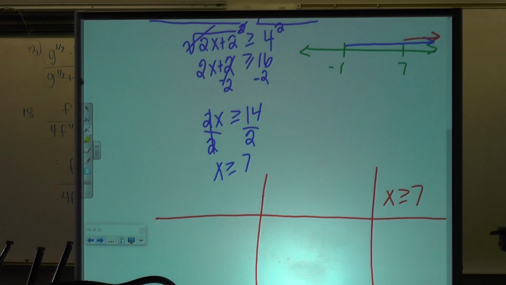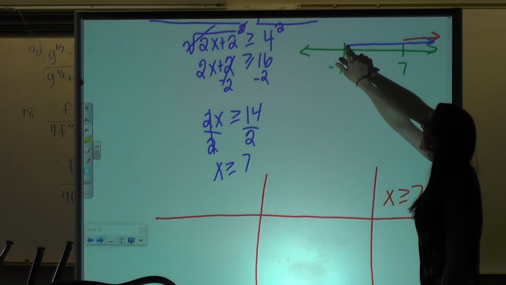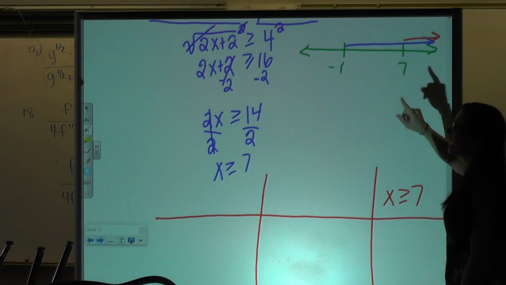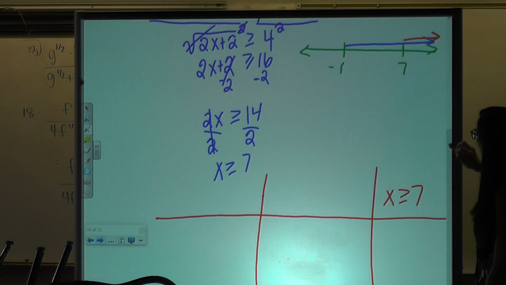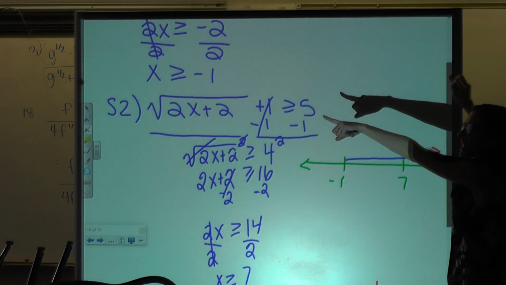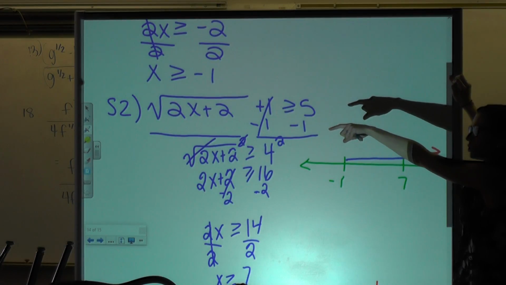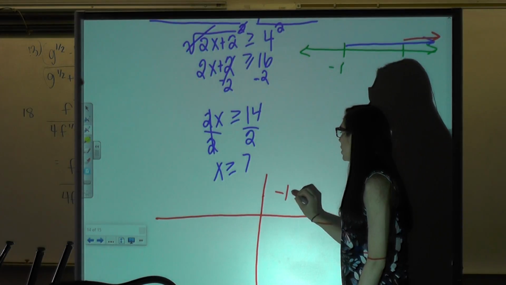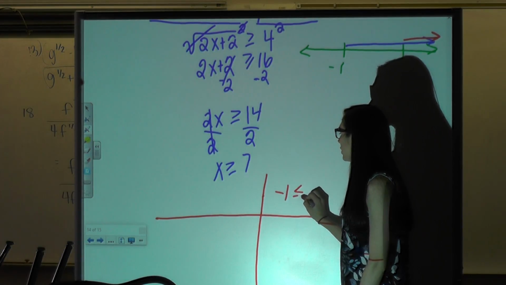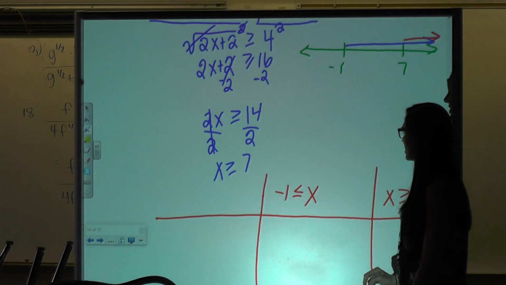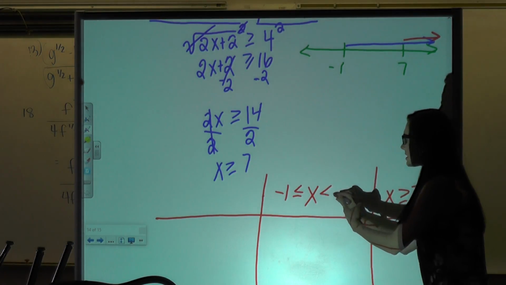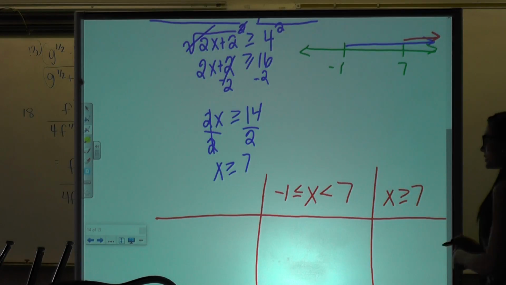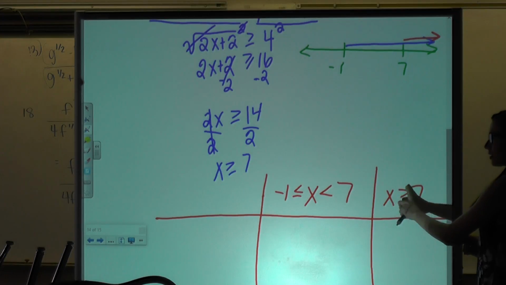We need to test the points that are in between -1 and 7. So -1 has to be less than or equal to x, but that has to be less than 7. You can't have an equal to sign with it because we've already talked about that here.